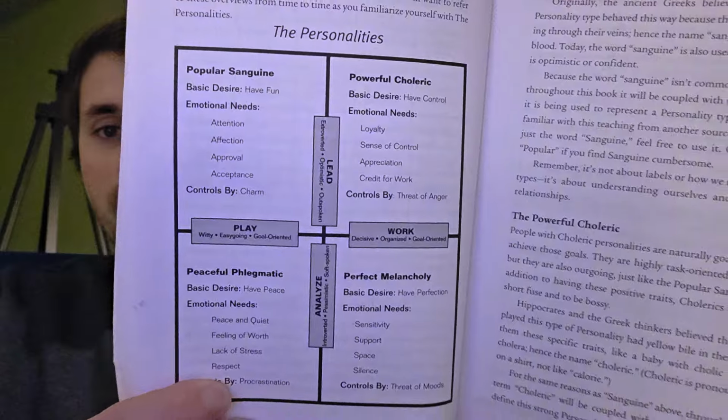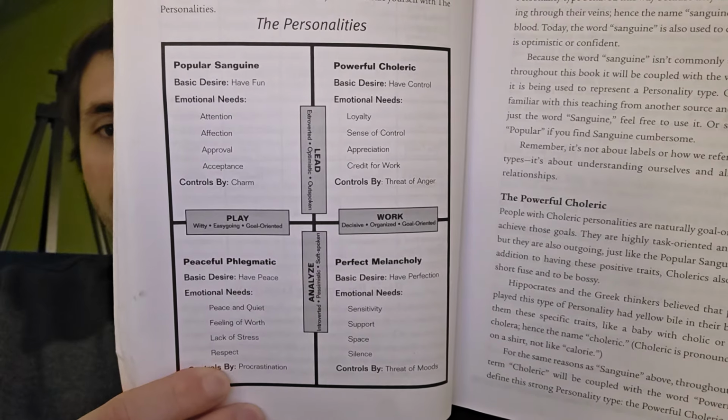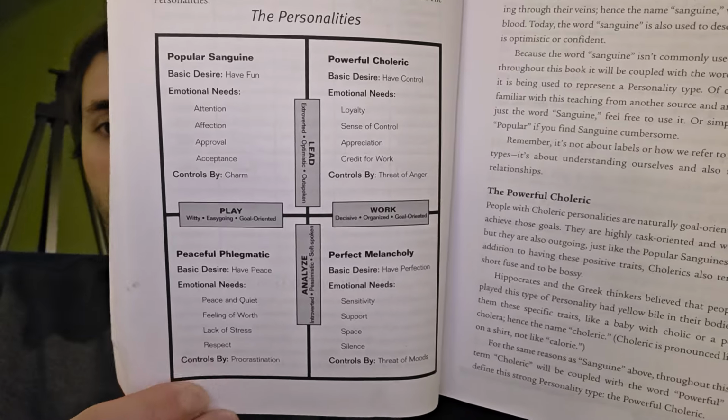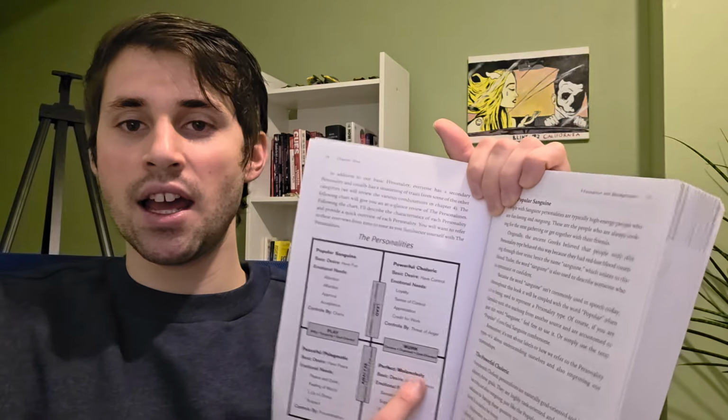So they're going to be the outgoing personalities, and I'm going to just show you this real quick. You can take a screenshot or whatever just to see this. There's lead, analyze, work, and play, okay? So they kind of fall in. The way I would describe this, they call this task-based.